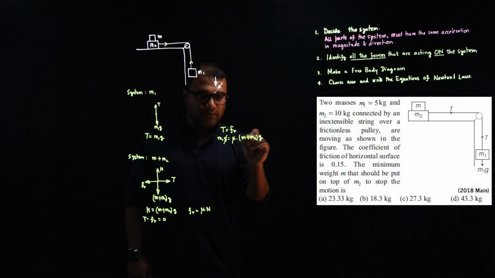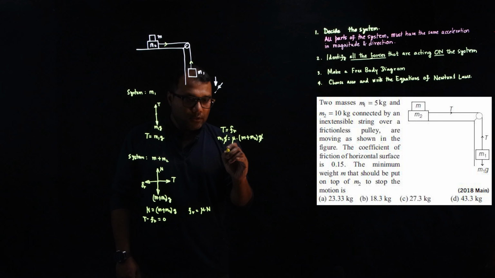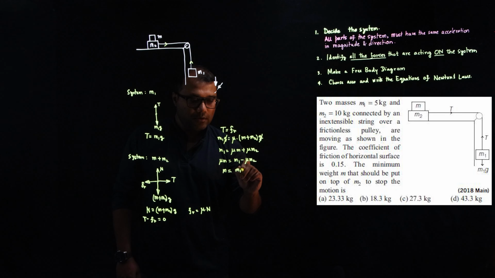So g we can cancel out. So m1 equals mu M plus mu M2, or mu M equals m1 minus mu M2, or M equals (m1 minus mu M2) divided by mu.